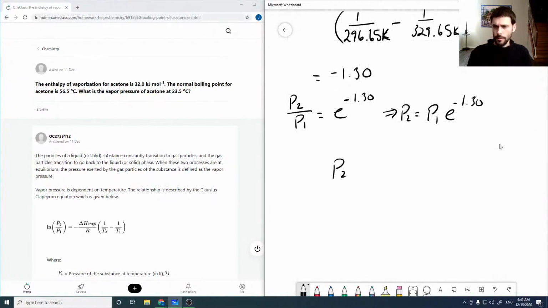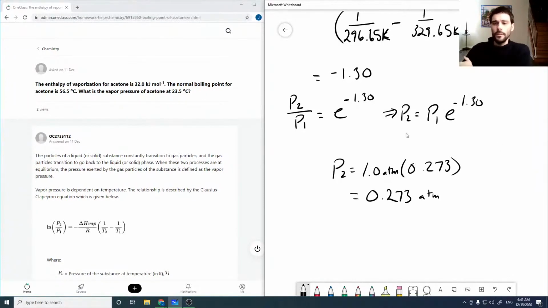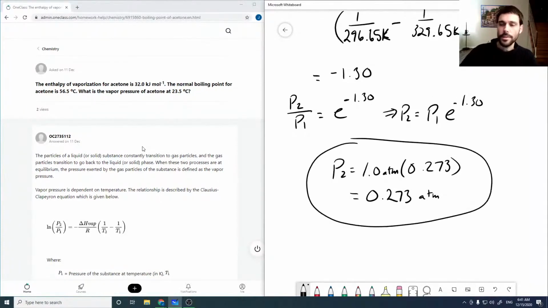So P2 is 1.0 atmosphere times 0.273, or 0.273 atmospheres. Okay, so there's our boiling point at 23.5 degrees Celsius. Or sorry, that's the vapor pressure. That makes more sense. That's the vapor pressure at 23.5 degrees Celsius.